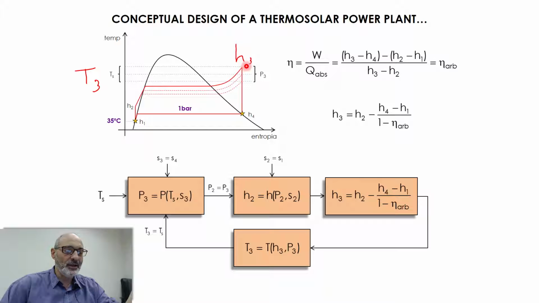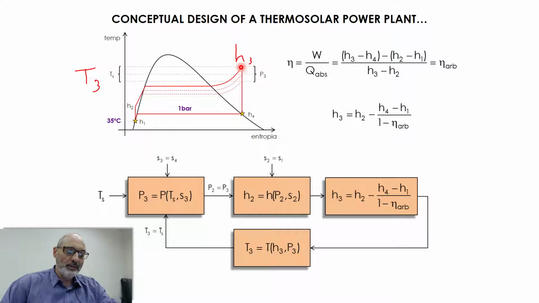If I know Ts, and I know the entropy S3 because it's equal to S4, then I have two coordinates of this thermodynamic state, so I'm able to calculate P3, the pressure at 3. I use some formula, some model of my fluid, to calculate this.